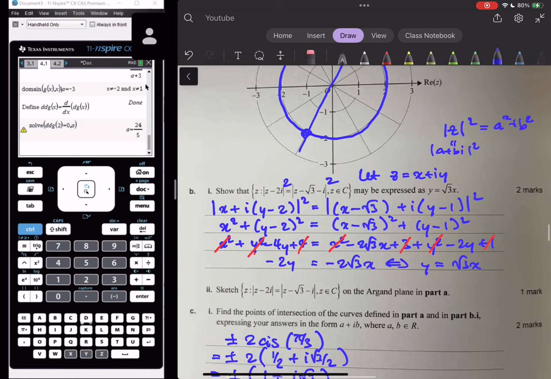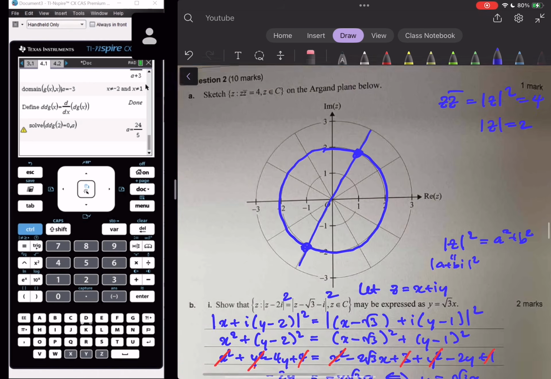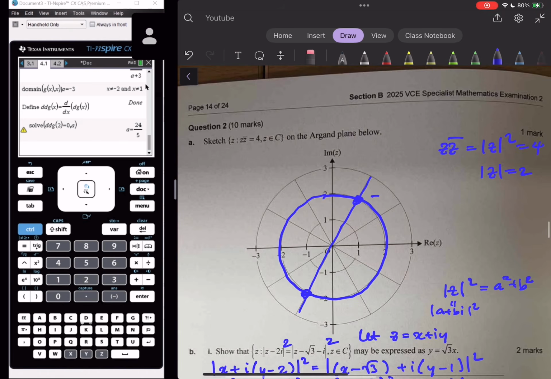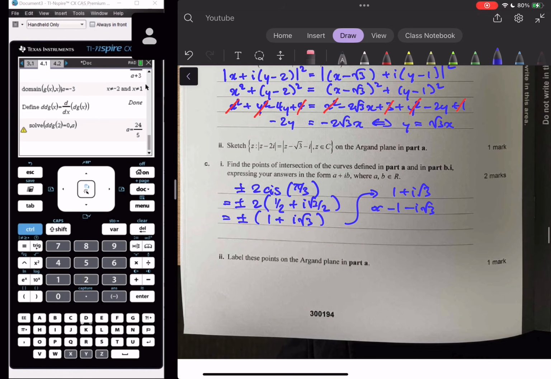So let's label those points. We want to find the points of intersection. So yeah, that's going to be 1 plus i root 3, or minus 1 minus i root 3. So let's plot those points. That's 1 plus i root 3, or minus 1 minus i root 3. That should be it there. Okay, so we have labeled these points.